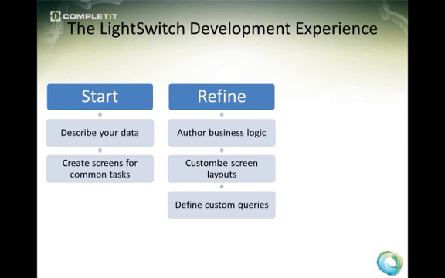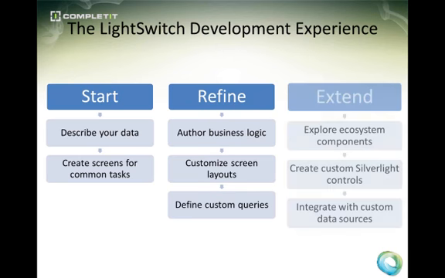Now, when we develop a LightSwitch application, building a LightSwitch app is really not that different from building a general application. We start by describing the data. In good development practices, you define the model first. If you do, for example, domain-driven design, you start by describing the model and you actually don't think of the database.